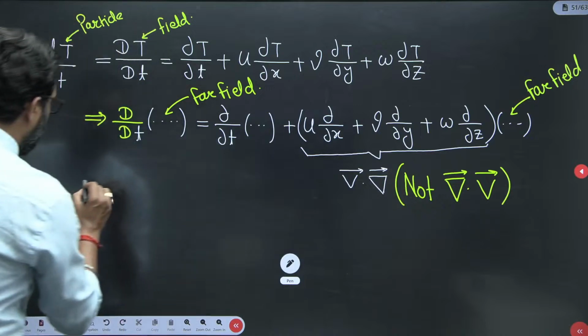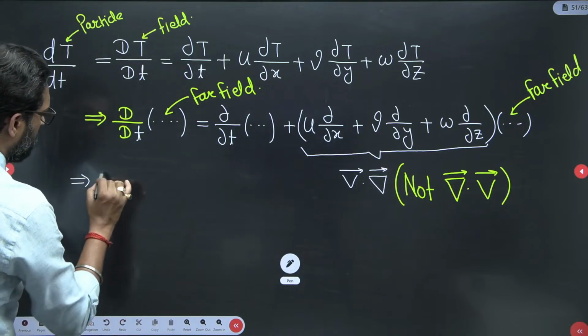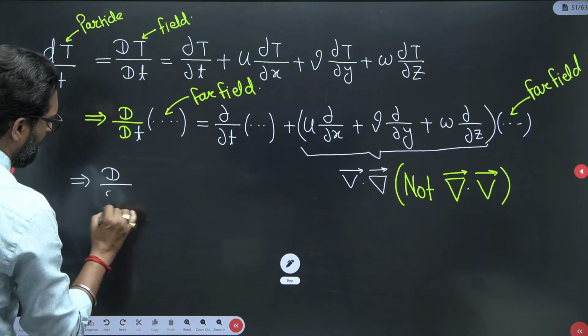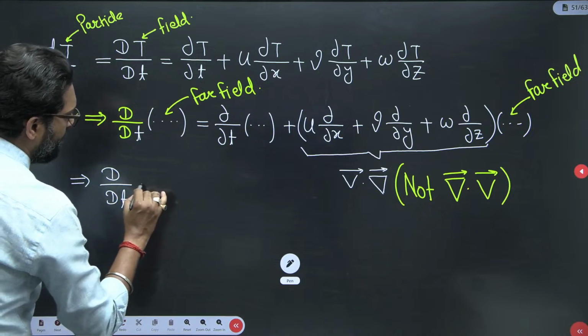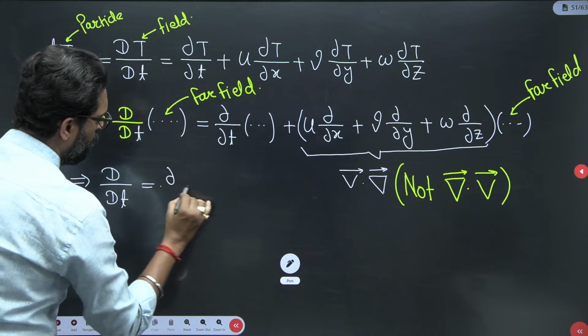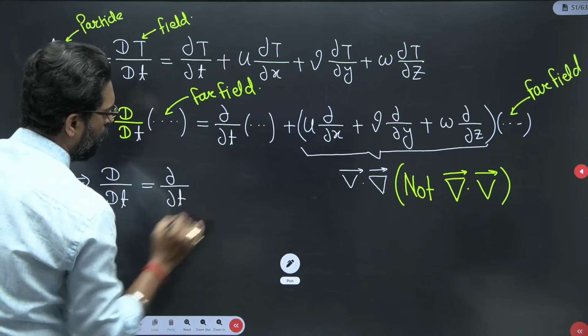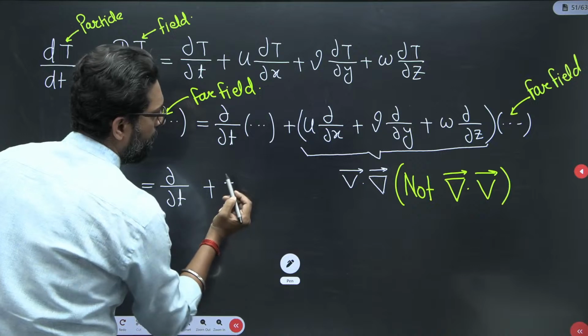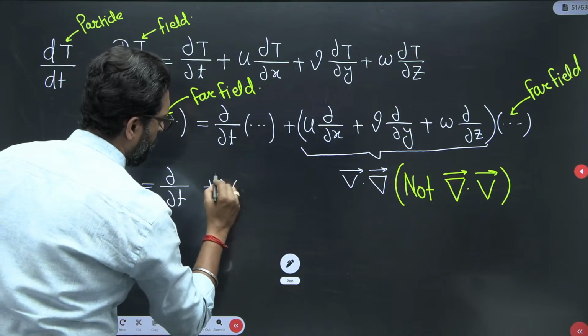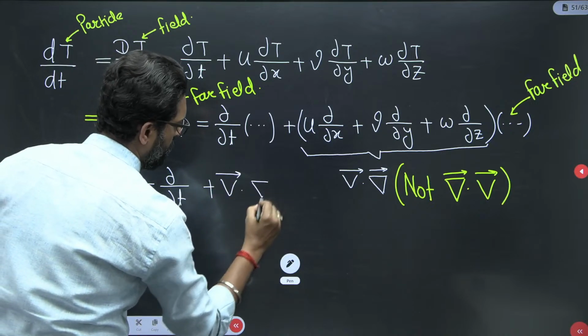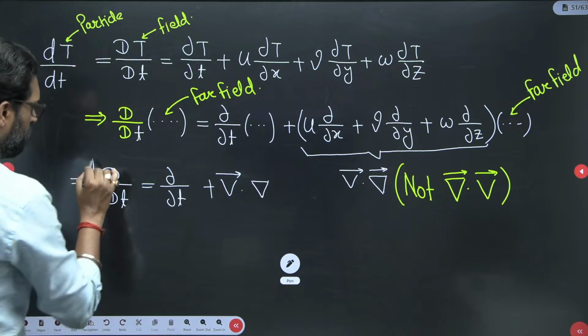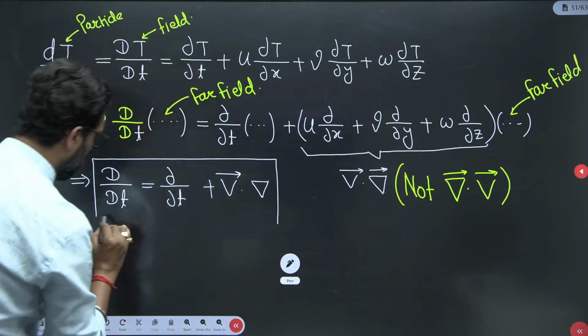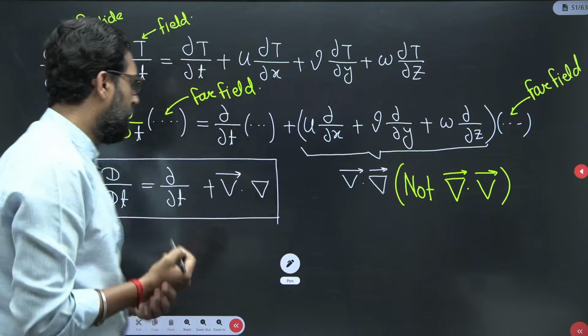So the material derivative d by dt is dou by dou t plus V dot del. That's it. This is called the material derivative.